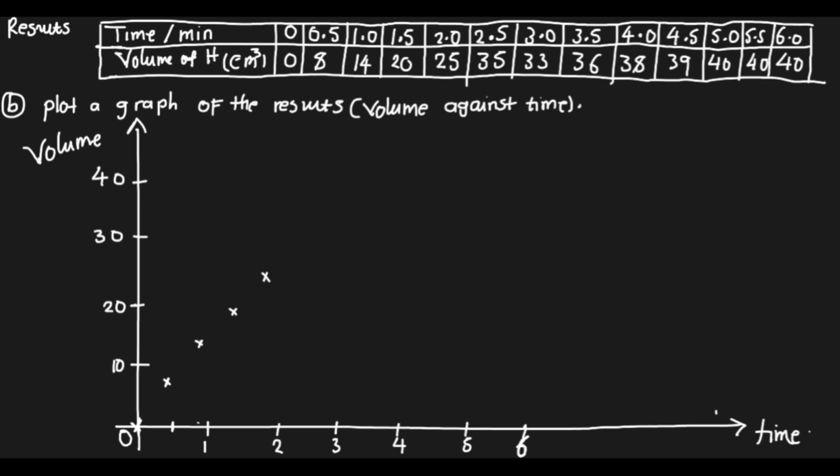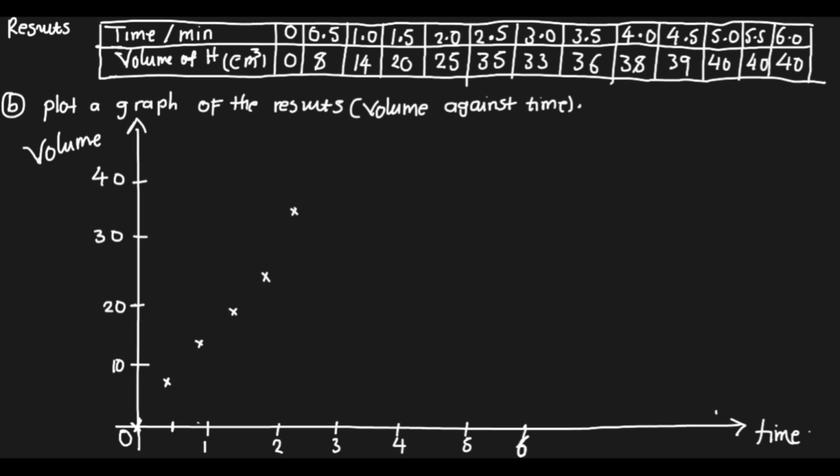Then we have 2.5, 35. So 2.5, 35 is here. Then we have 3, 33.